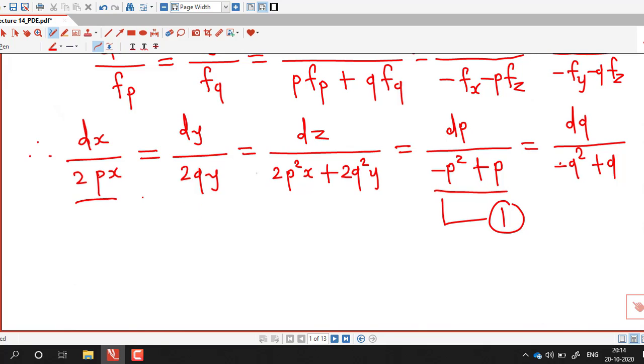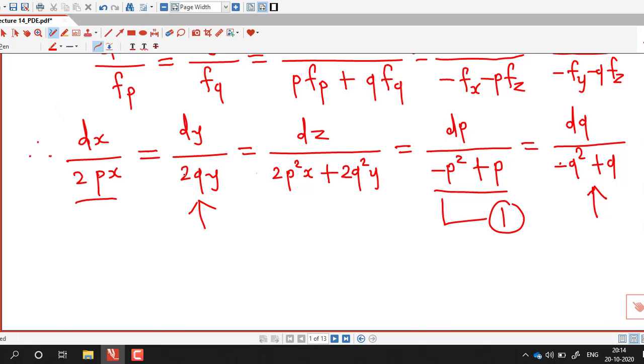But if you go that way, it is going to be very lengthy, so here I am not going that way. Similarly, you can combine the second fraction with the last fraction to find small q, but here we are not going that way.